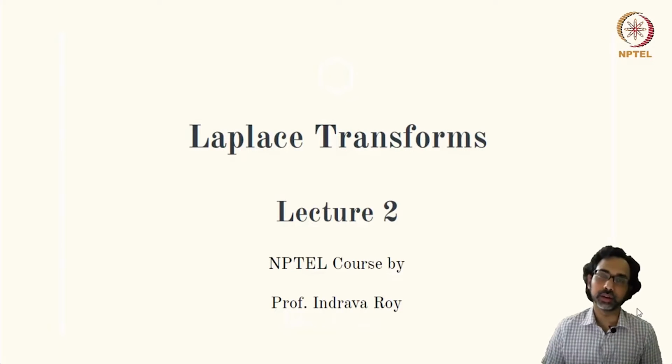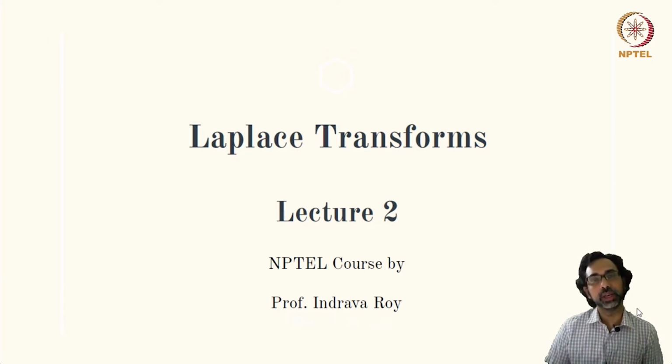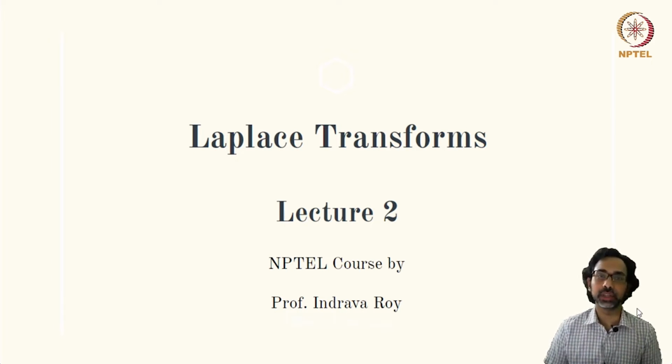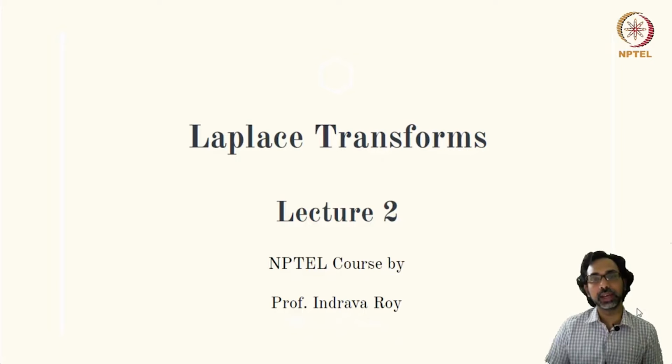In the last lecture, we saw the definition of the Laplace transform, and we saw that it is a special case of an integral transform. We also saw that it is defined using the concept of an improper Riemann integral, because the limits of integration for the Laplace transform are from 0 to infinity.